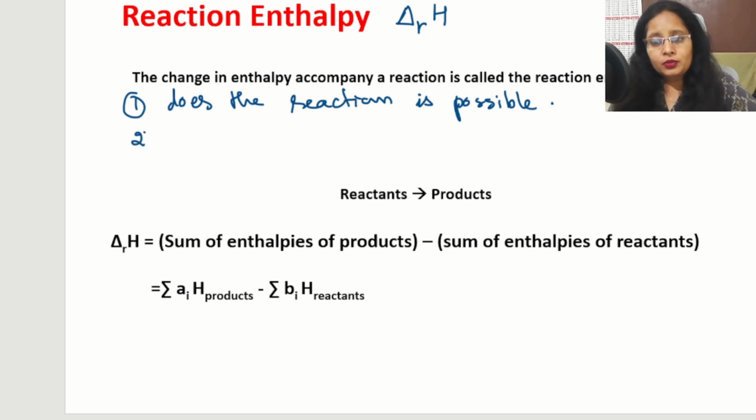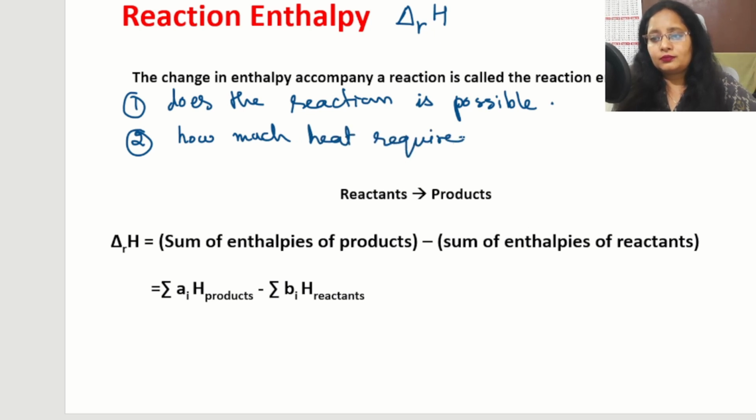Second, more important point is, if the reaction is possible, then how much heat is required to start the reaction?